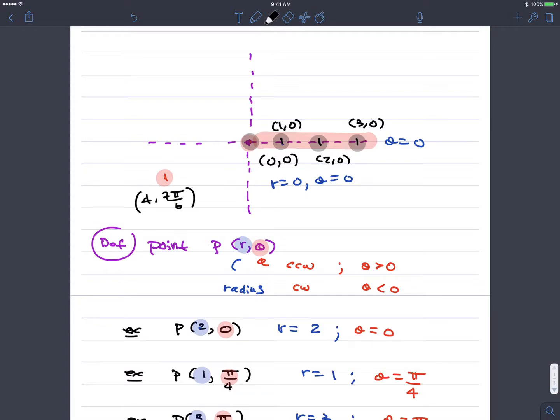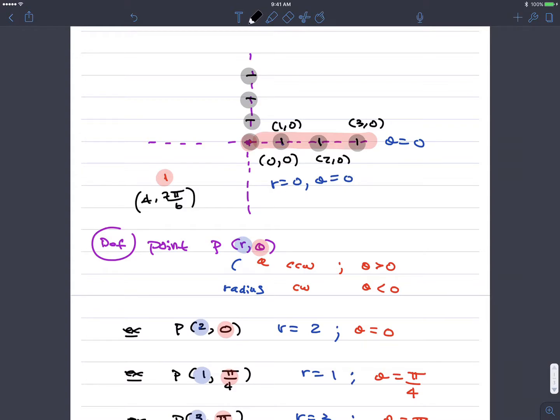Similarly, if I put these dashes here, here, and here, let's look at these points. Can anybody tell me what the addresses are for these particular points now? Well, what's the angle?